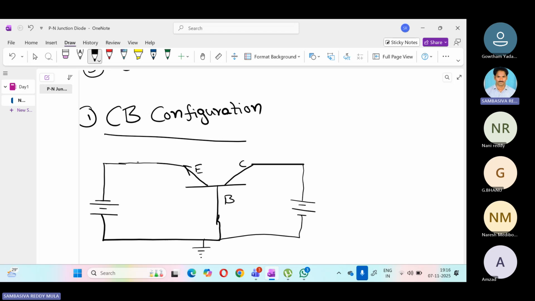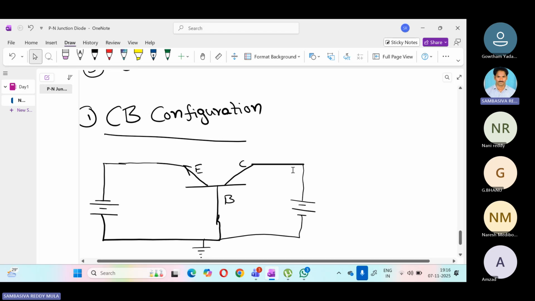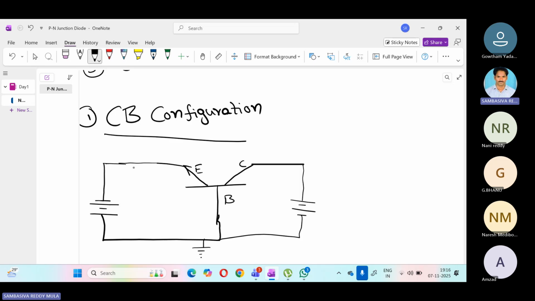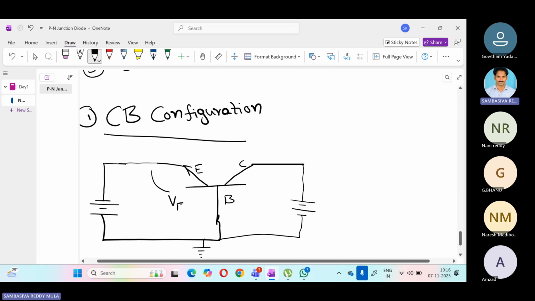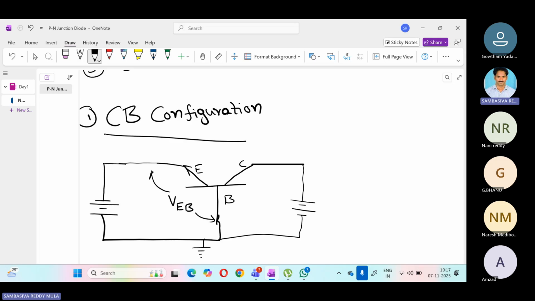So in the common base configuration, what is the input? The input side is connected to the emitter region, emitter and base. This VEB is called the input voltage. The current generally flows like this.